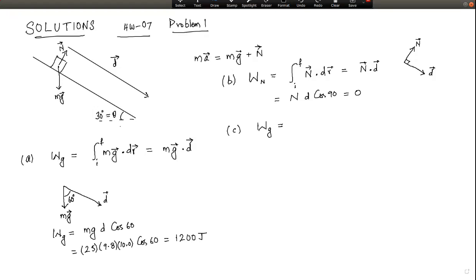It is defined as the negative change in the potential energy due to gravity. So the change in the gravitational potential energy would simply be the negative of the work done by gravity, which we have already calculated, and that's 1200 joules.